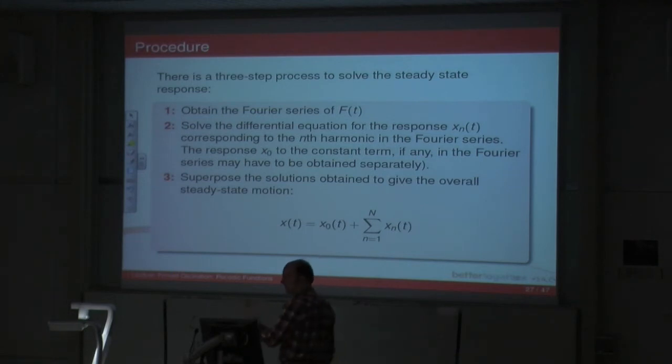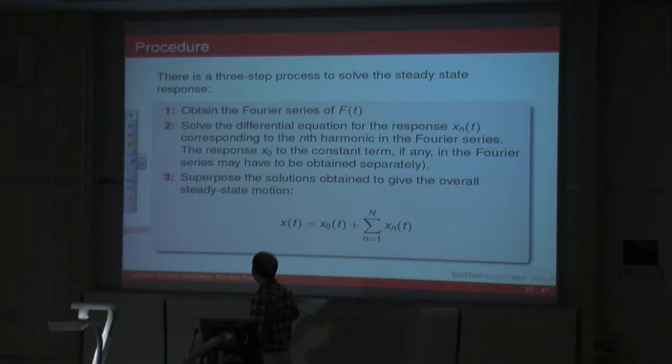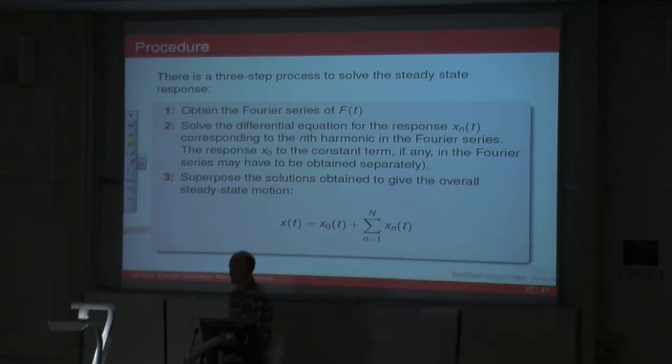So n equals 0, you've got a constant term, you need to find x of 0. And then for n equals 1, 2, 3 and so on, you need to find another value for x: x1, x2, x3 and so on. And then at the end you just add them all up: x of 0 plus x of 1 plus x of 2 plus x of 3 and so on. You get your solution for x of t.